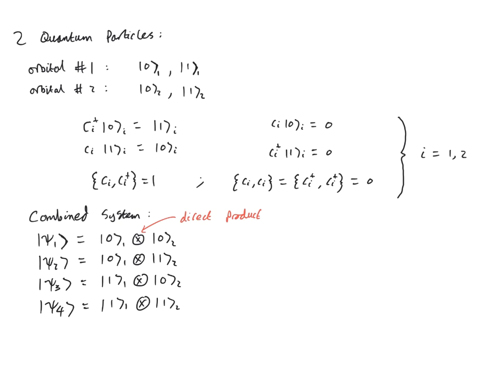If I were to have 3 sites in the system, then for each of these 4 states that I've written down here, I would have a possibility of either 0 or 1 in site number 3. So then I would have 8 possible states. So the total number of states of a system of n fermionic particles is 2 to the n.